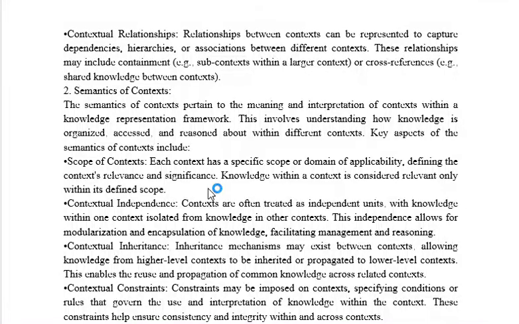Inheritance means taking the properties from the parent to the child. An inheritance mechanism may exist between contexts, meaning a parent and a child. So here we have a concept of context, which is interdependent between the two contexts.